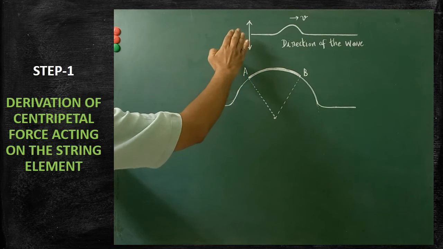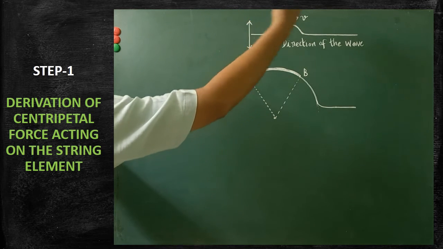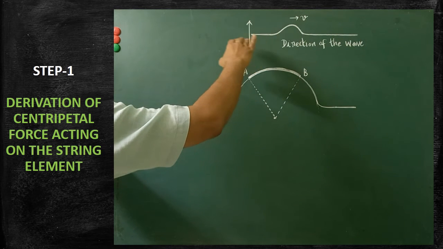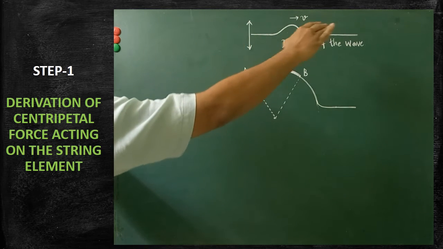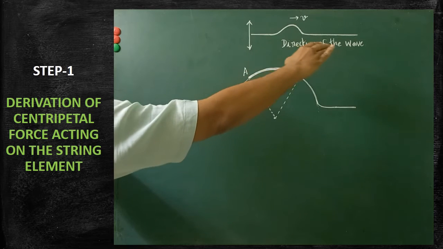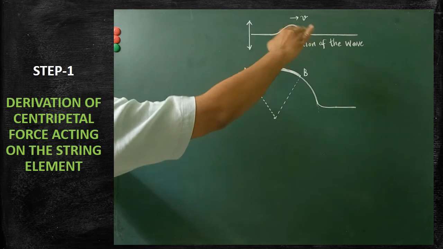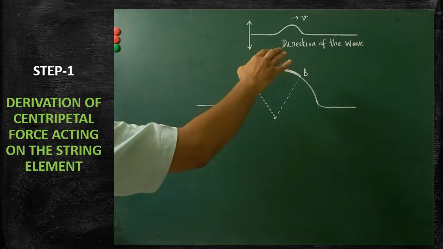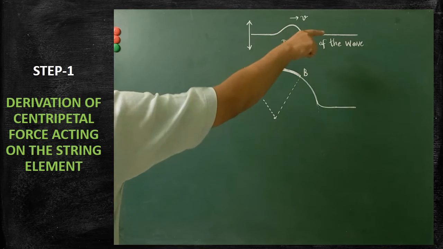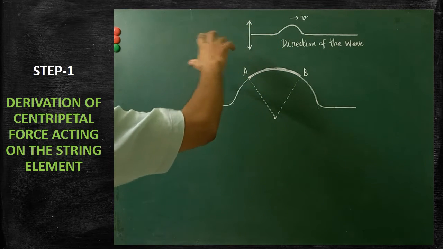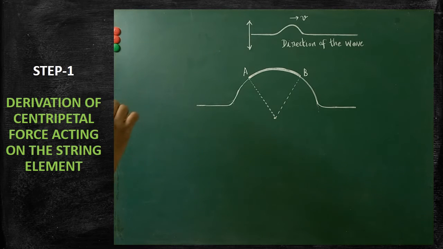This one could be taken as left side, that one could be taken as right side. So the pulse is traveling from one end to another end. That shows the direction of the wave. When the wave moves, the wave must have velocity. So with the help of the movement of the pulse, we are able to identify the movement of the wave. So we are going to find out the expression for the velocity of the transverse waves when it is passing through the string.